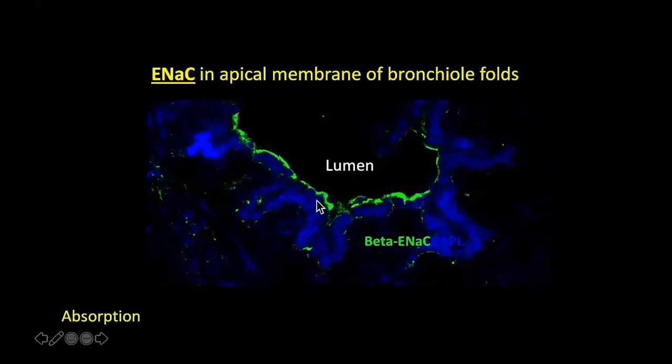When we look for it immunohistochemically, we find it located almost exclusively on the apical surface of the folds of the villi of the bronchioles, as you see it displayed very nicely around this circumference. It does not appear to be present in the pleats of the villi. So the absorptive tissue appears to be here on the surface of the folds.